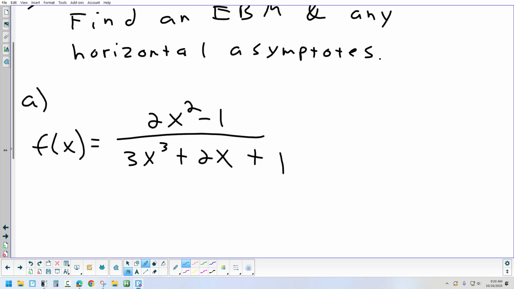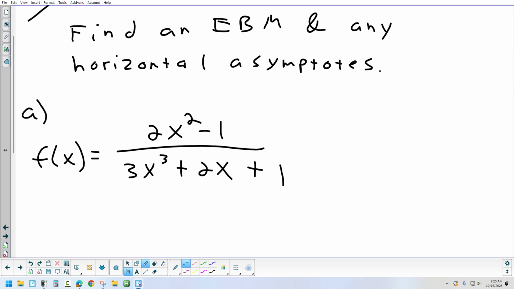Okay. So let's see if we can get the EBM of this one. What's the EBM of the top? 2x squared. Yep. And what's the EBM of the bottom? 3x cubed. Okay, we need to simplify that as much as we can.